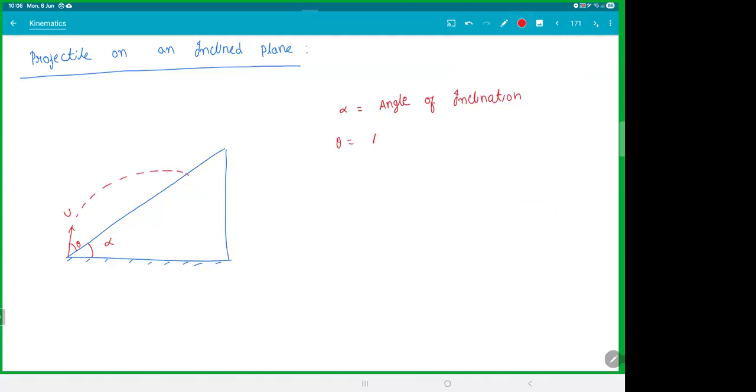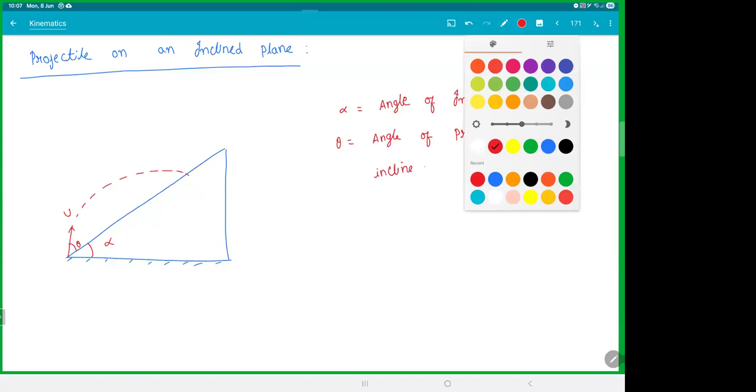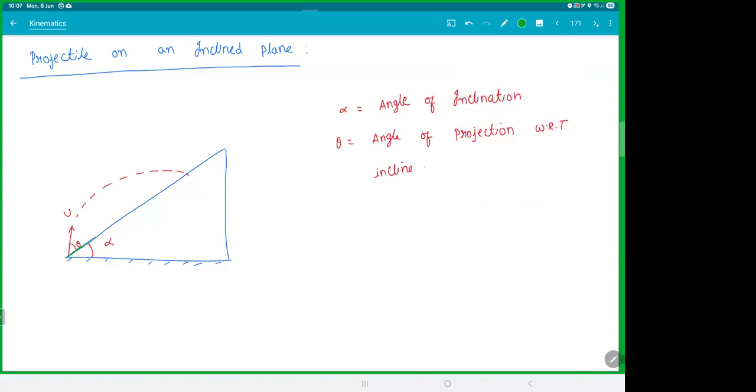Theta is the angle of projection with the incline. So be careful. Till now we used to take theta with the horizontal. Here we are treating it with respect to the incline. So then here what will become the range? This green line which I'm writing here, that would be the range. So this is the range on the incline.